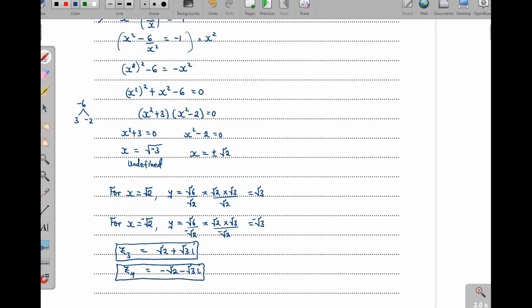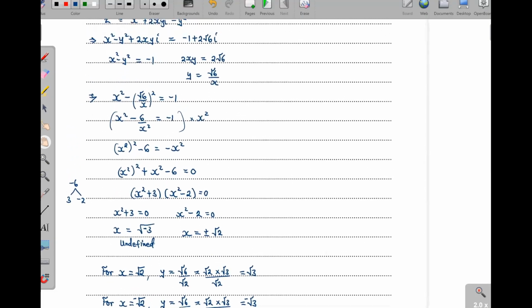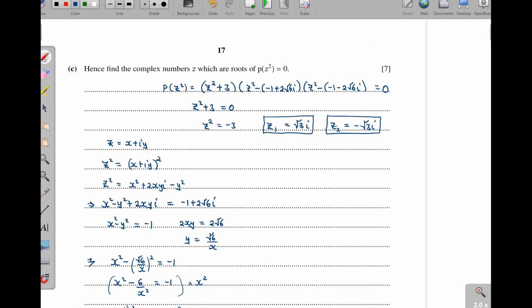Okay, then after that we also need to do the same thing as for this other root here. So we can also say similarly, and I'm not going to do each and everything. Similarly, we have this one here.